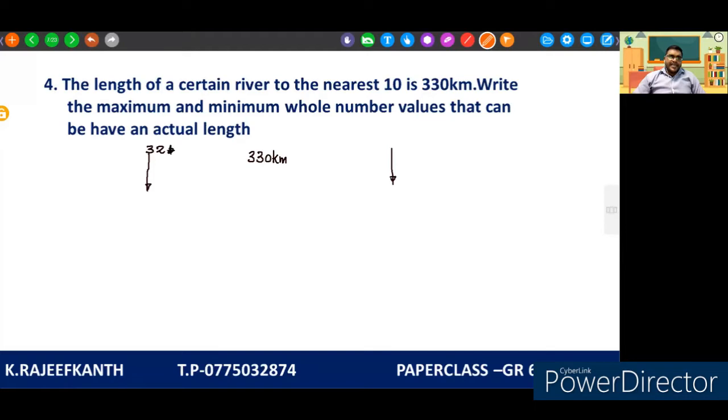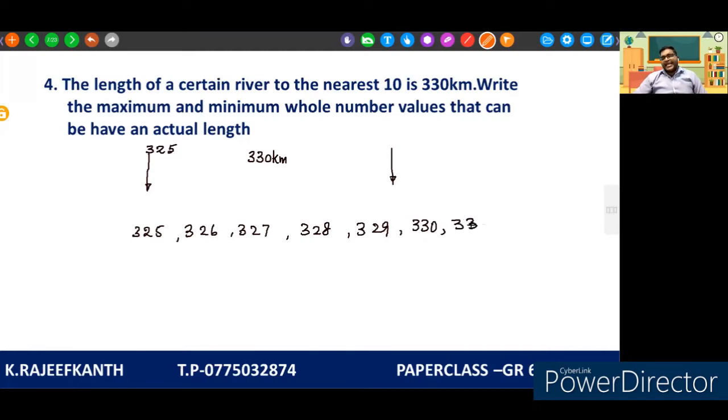Here 325. If it is 325, when rounding off to the nearest 10, we can write 330. Or 326, 327, 328, 329, and 330 is already there.